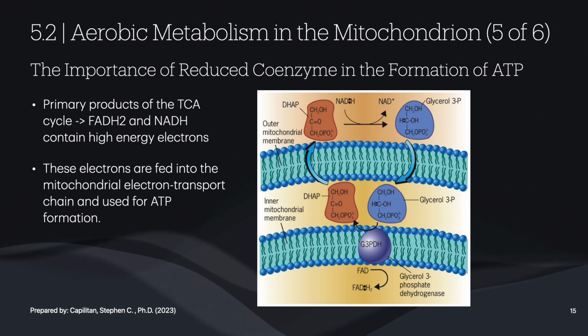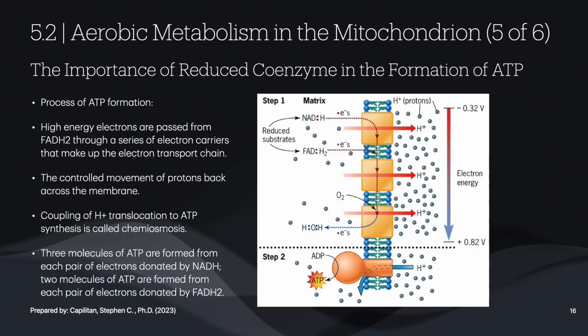The primary products of the TCA cycle are FADH2 and your NADH. They contain relatively high energy electrons. These electrons are fed into the mitochondrial electron transport chain and are essential for ATP formation. This is the glycerol phosphate shuttle, where ATP is formed when high energy electrons are passed from FADH2 through a series of electron carriers that make up the electron transport chain.